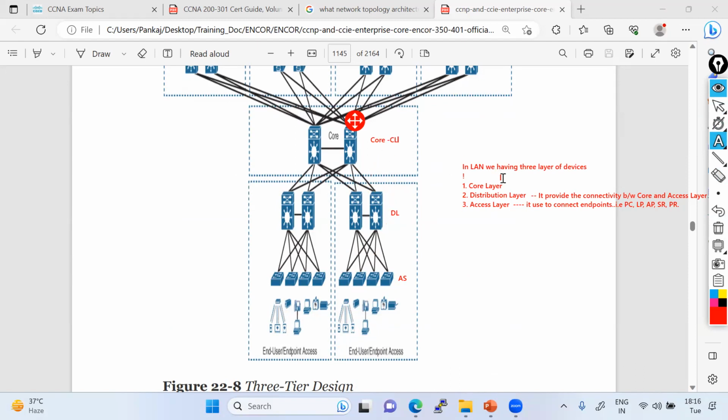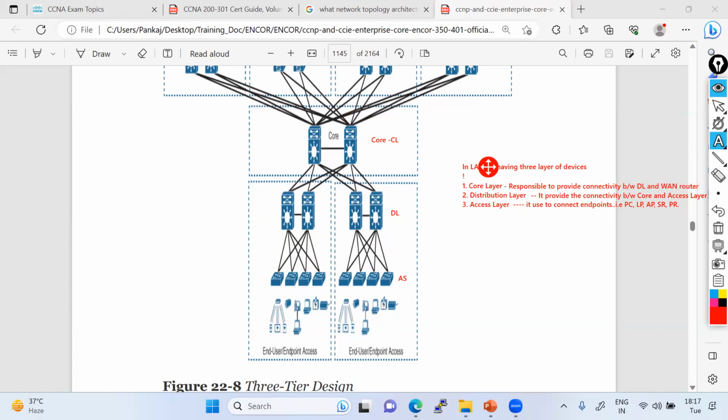So the core layer, what is the core layer? The core layer is basically responsible to provide connectivity between the DL, distribution layer, and the WAN router.